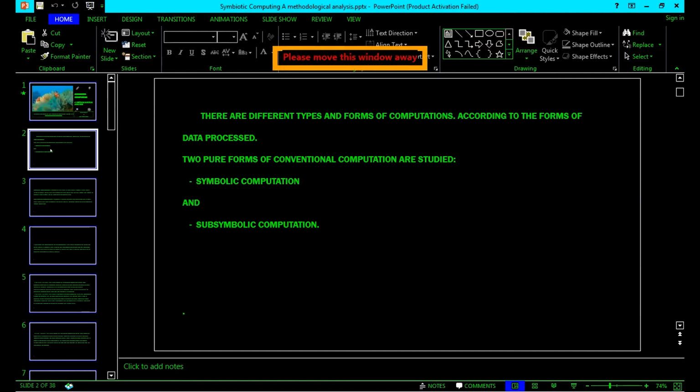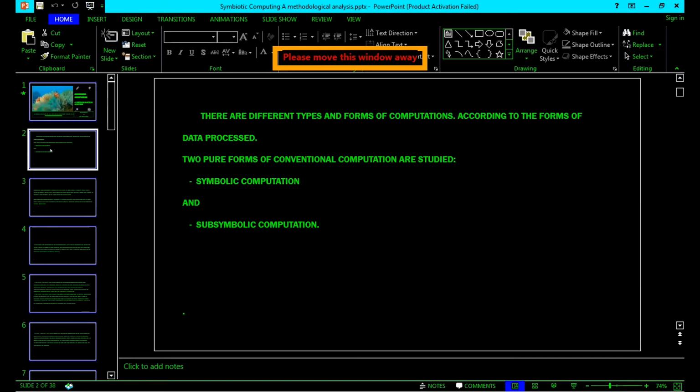Computers and the most popular models of computers and computations, such as Turing machines, work with symbolic computation. They perform symbolic computation. However, such models as neural networks perform sub-symbolic computation.